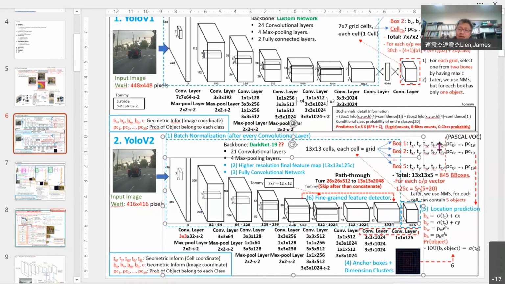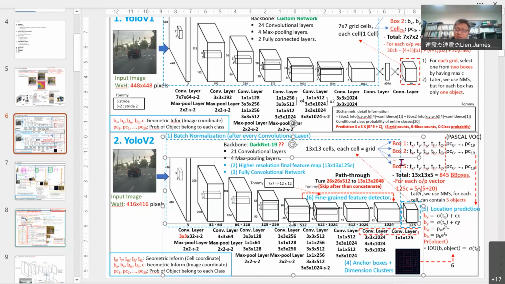So you have 5 parameters times 5 anchors or bounding boxes... Sorry, I'm wrong. For each bounding box, it is 5 plus 20 classes.